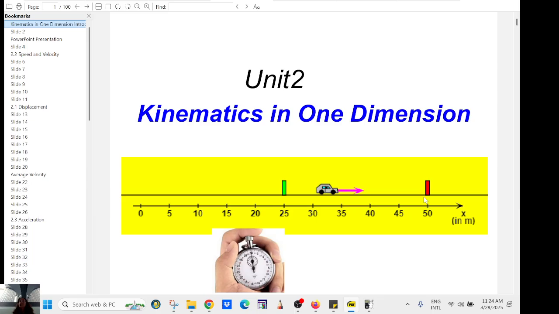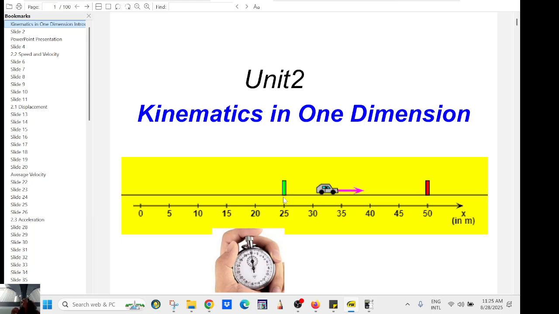However, if you decide to go from 50 to 25, you start your stopwatch at position 50, and you stop at 25. What's going to be the displacement? Negative 25. So now your displacement is going to be negative.